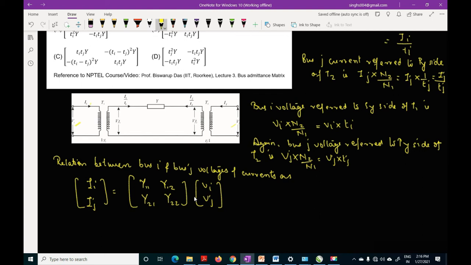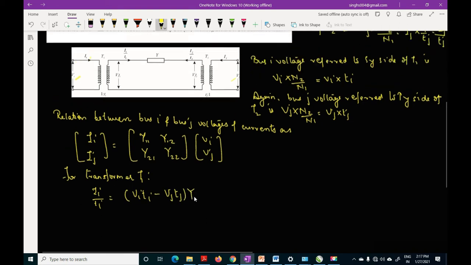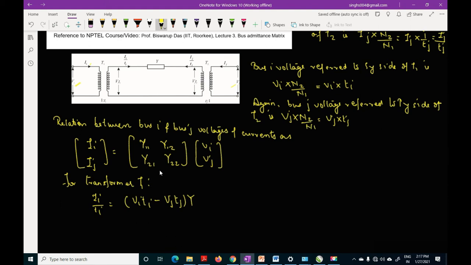So from the equivalent circuit of the given problem for transformer T1, we can write down Ii by Ti is equal to Vi Ti minus Vj Tj into Y. You can see from here, this is our Ii by Ti and the difference between the potentials at these two points multiplied by the admittance.